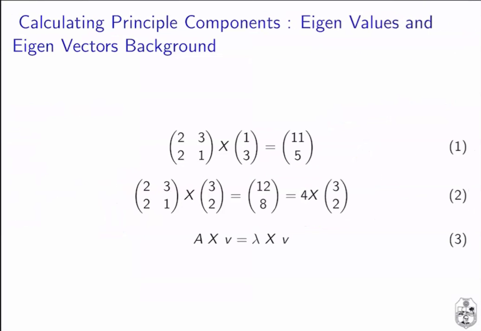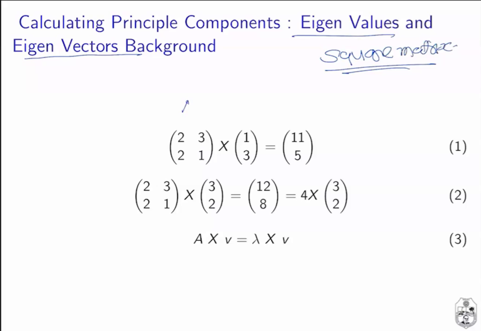Then one of the central concepts in calculating the principal component is that we need to know what is meant by eigenvalues and eigenvectors. So eigenvalues and eigenvectors are related to the square matrix. The square matrix always has eigenvalues and eigenvectors. Here I am showing a matrix multiplication.